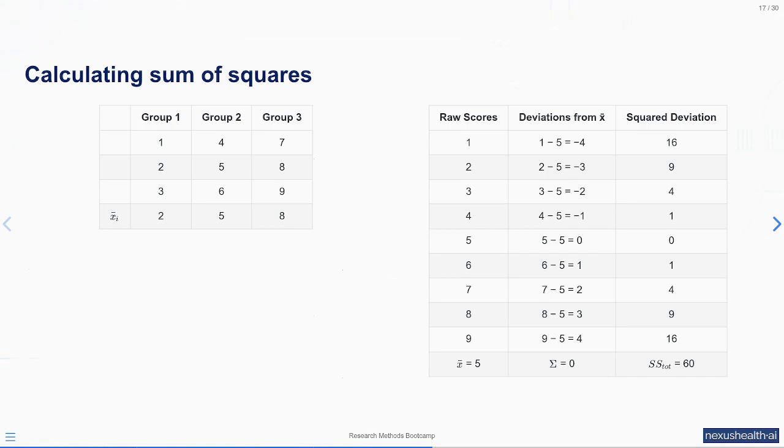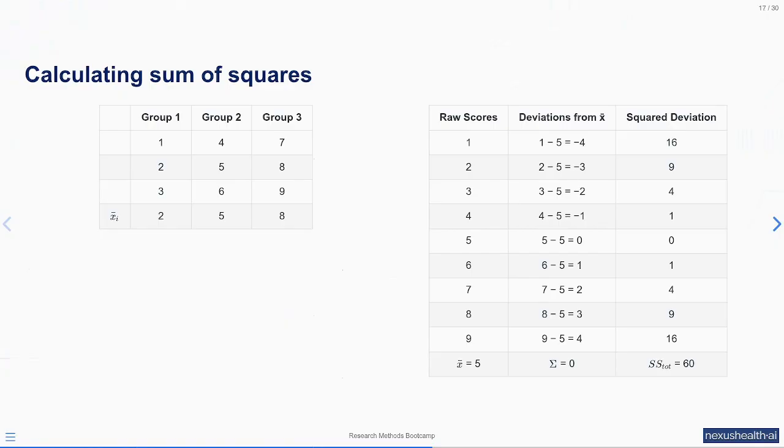For each of the individual observations, we now calculate the deviations from the group mean. Of course, simply summing these deviations will result in 0, which is not useful to us. So what do we do? We square the deviations, and thus we arrive at the last column.